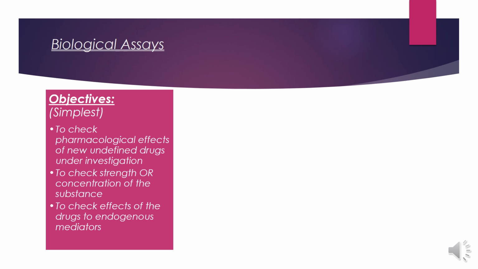So all these things are the objectives of your material testing. You have to check all these points individually as well as collectively. You can use these points if you are going to use a bioassay.